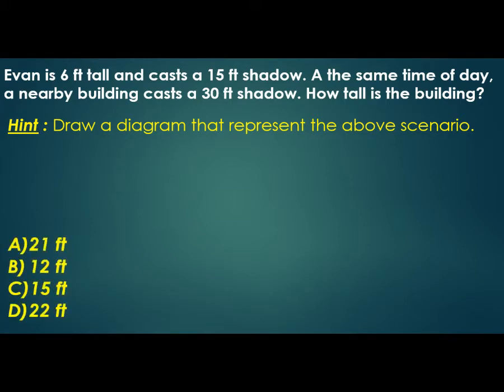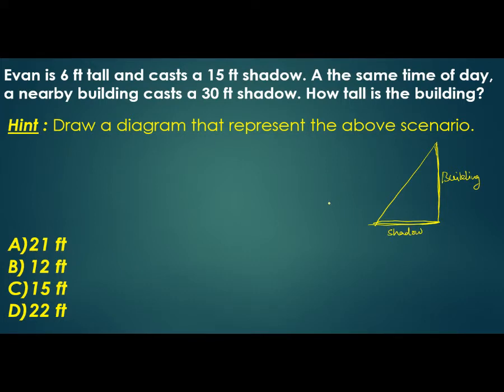So here I want you to draw a figure that represents the above scenario. I'm giving you a small clue. You need not be an artist to represent this situation. So this is the building, and here is the shadow of the building.